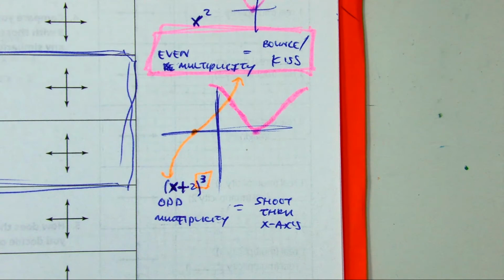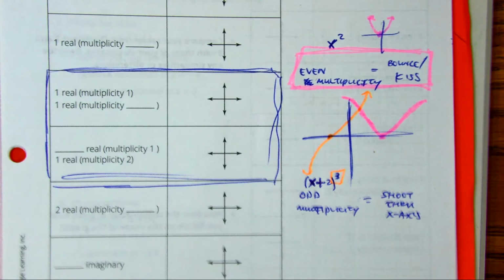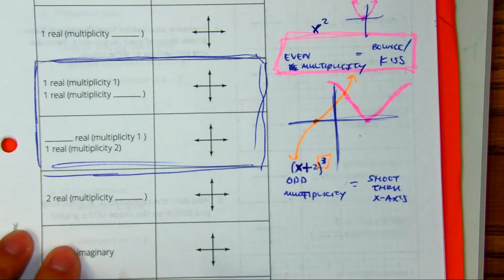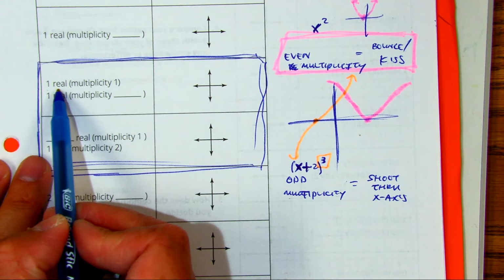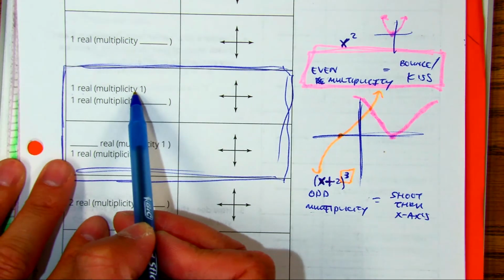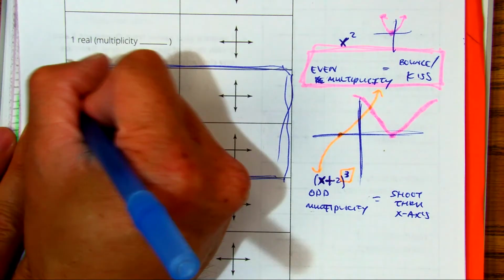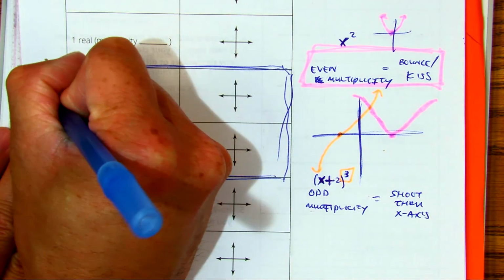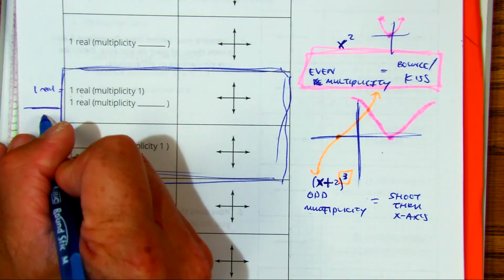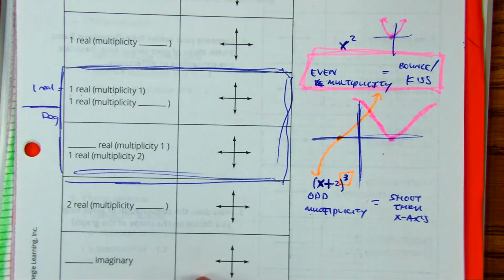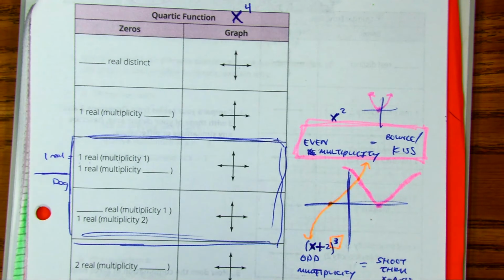All right, so let's try these two examples, and then you guys can do the rest. Let's go over here and do these two examples. Okay, so it says 1 real with a multiplicity of 1. Class, what's 1 times 1? So this means 1 real. And then, what's my degree? 4.